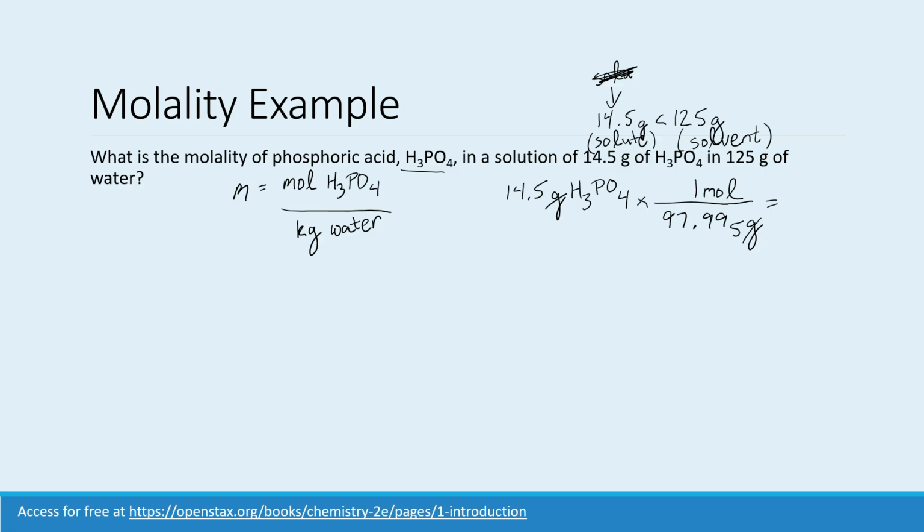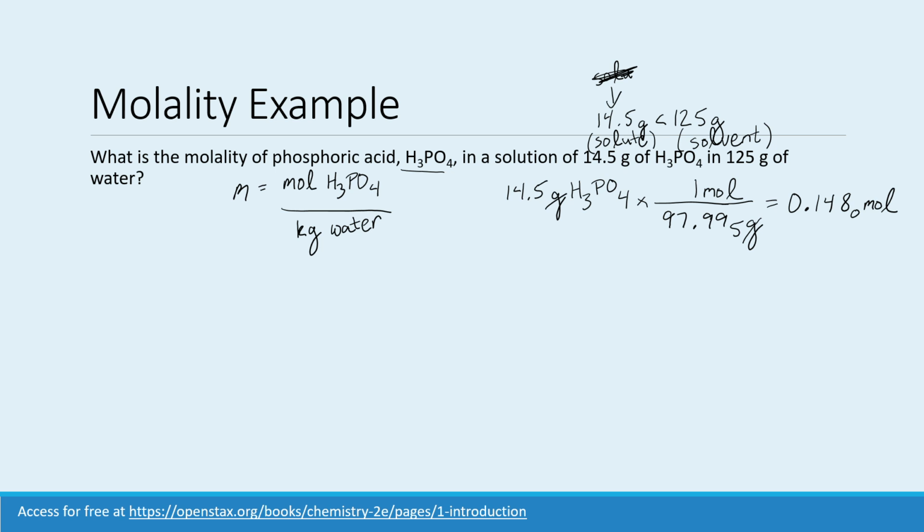We're going to keep 4 sig figs throughout because we started out with 3 sig figs to prevent round off errors, so we're going to get 0.1480 moles of our solute.